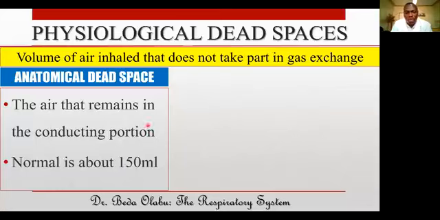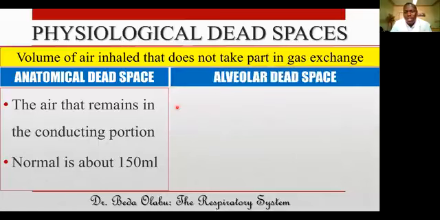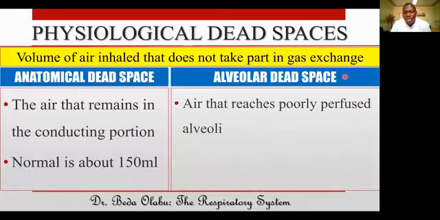The second type of physiological dead space is what you call the alveolar dead space. The alveolar dead space refers to the air that reaches poorly perfused alveoli. So remember I told you that the dead space is the volume of air that is inhaled but does not participate in gas exchange.